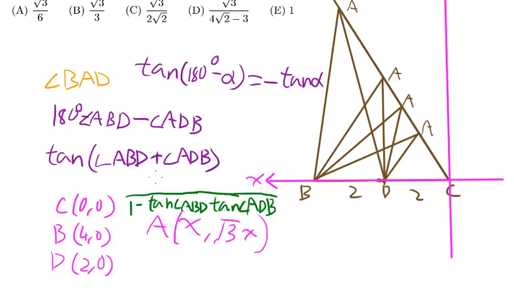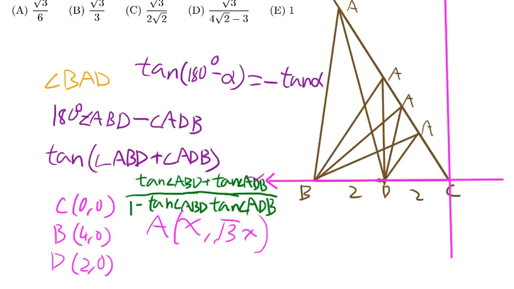On the top, we're going to have tangent ABD plus tangent ACB. Now we're going to try to find these tangents, okay?